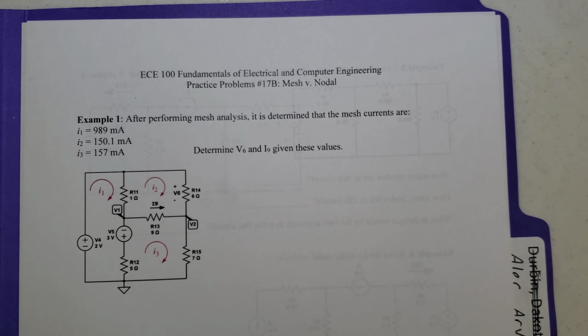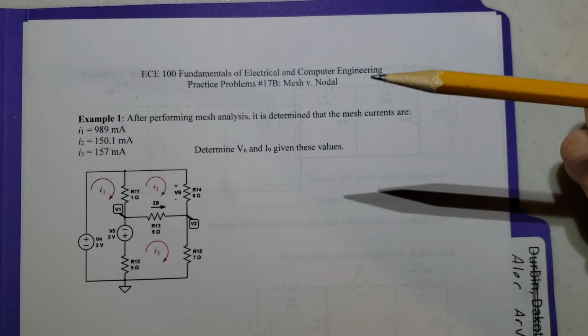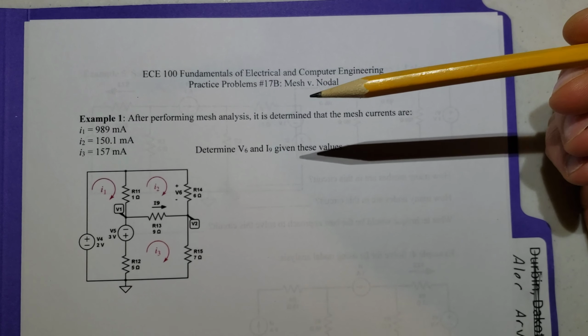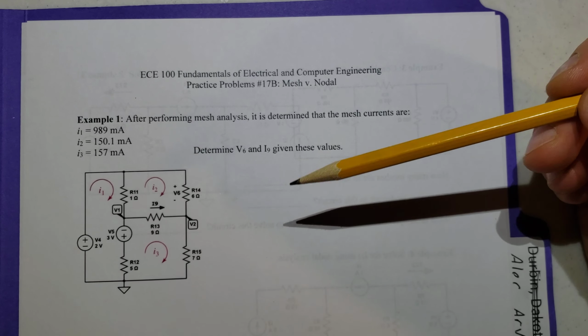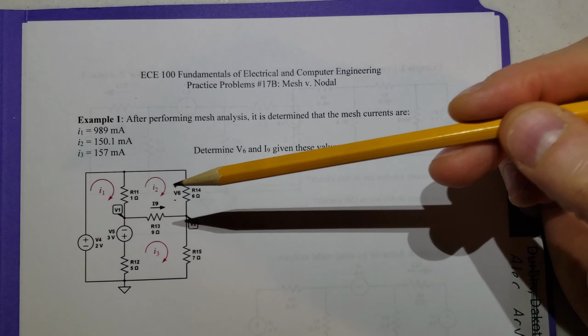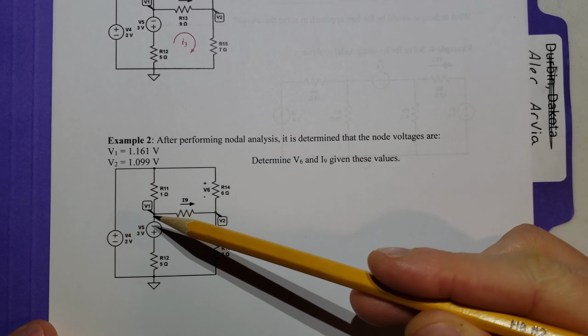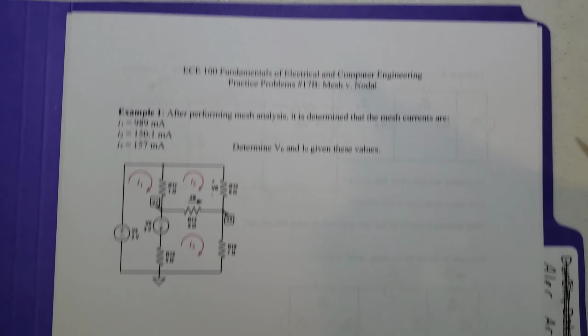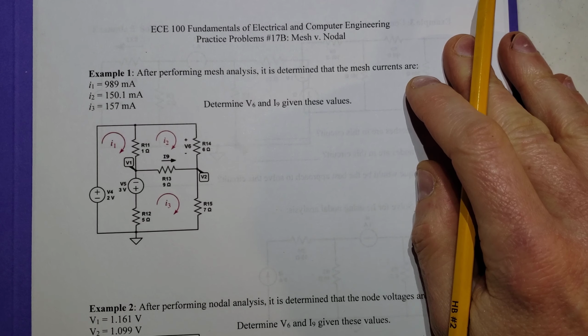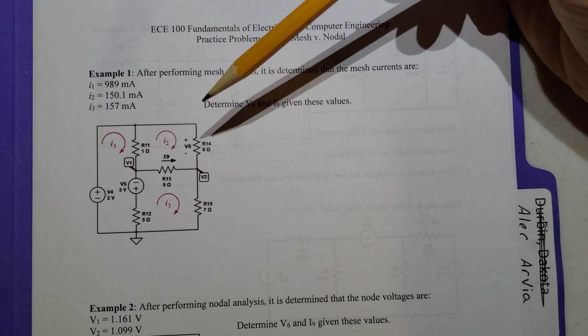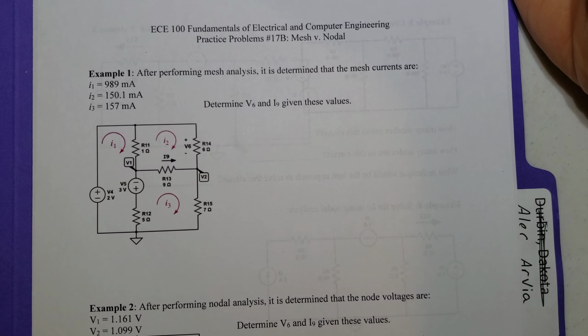In any case, one of the things that we wanted to take a look at is with both mesh and nodal analysis, we either get a set of currents or, in the case of nodal analysis, we get a set of voltages. But that might not be the end of the story. So imagine that we had this circuit and we solved it with mesh analysis.